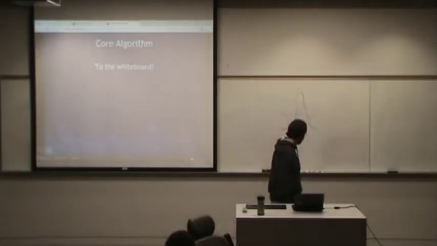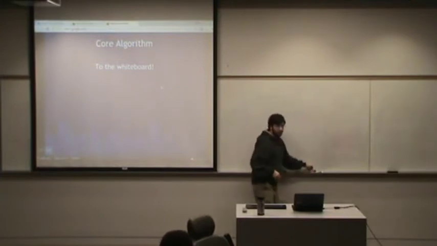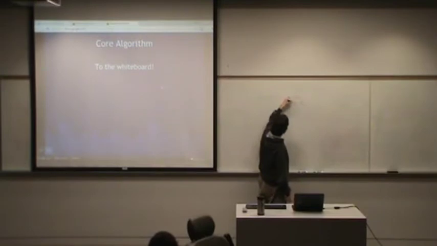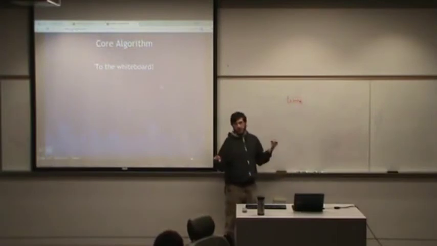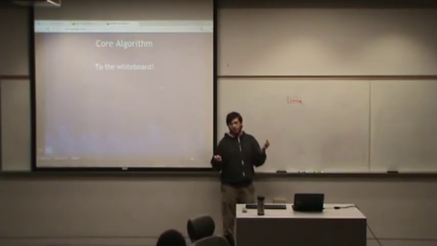So the core algorithm, what you do for genetic algorithms, is the first thing you have to do is generate your initial population. This is usually done by just generating random bit strings. And each bit string then corresponds to one given solution. Once you generate them, you have a function which can create whatever object you're trying to get.